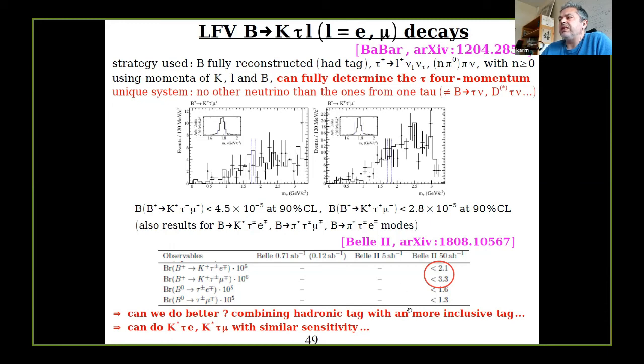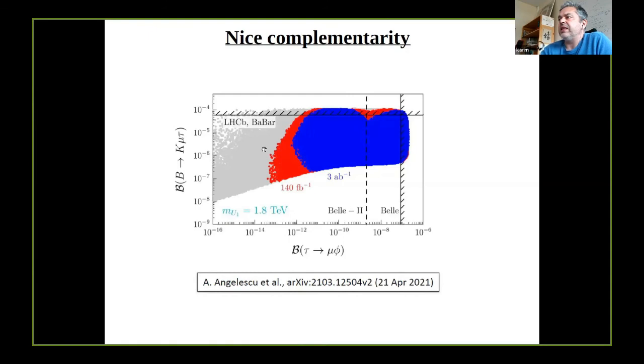Because you don't see any signal right now, you put a limit on the order of a few 10 to the minus 5. But of course, this is only with a limited statistic of half inverse attobarn, and you can do much more as the statistic increases.